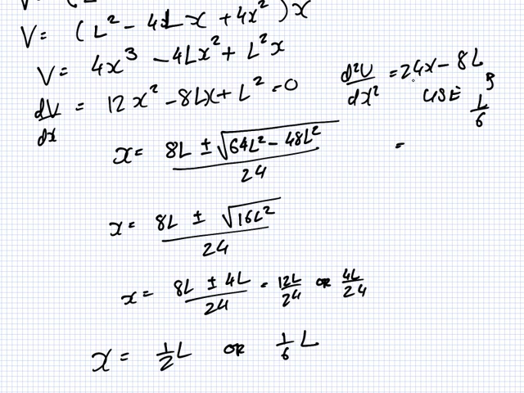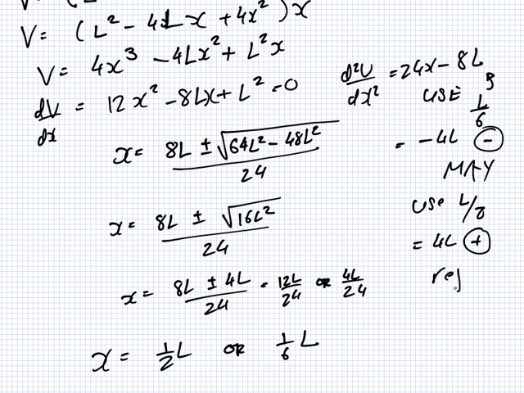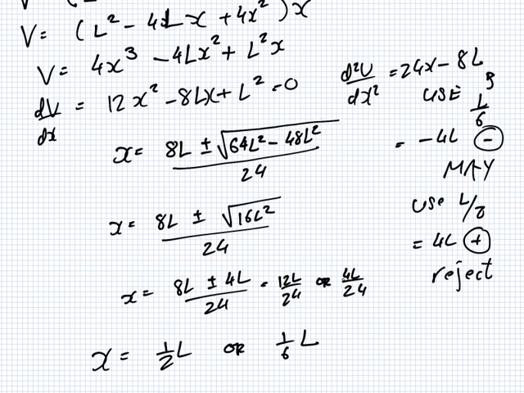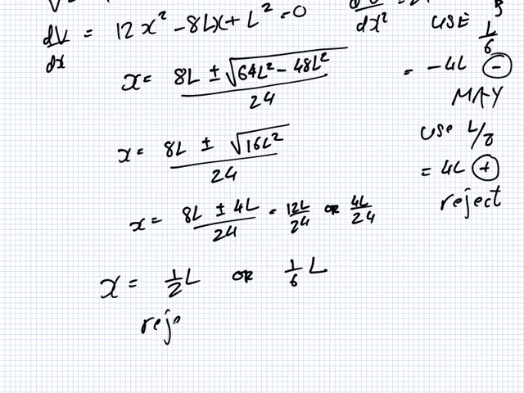I'll get minus 4L, a negative, which means it's a maximum. If I use L over 2, I'll get 12L minus 8L, that's 4L, a positive. So we reject this answer.